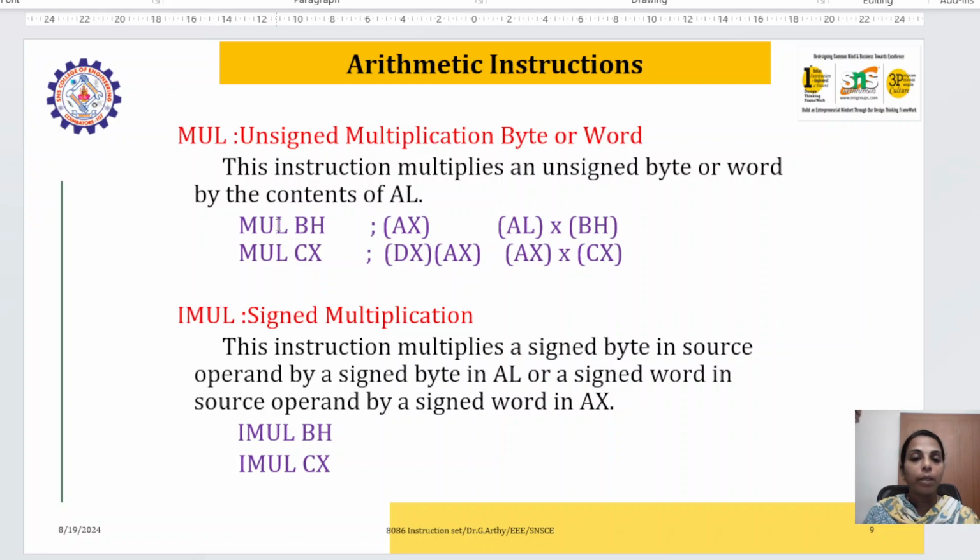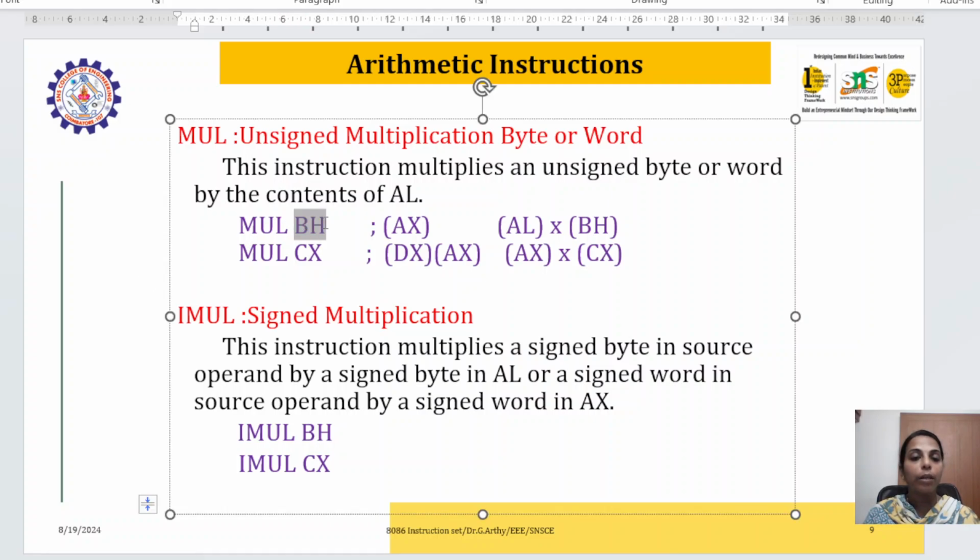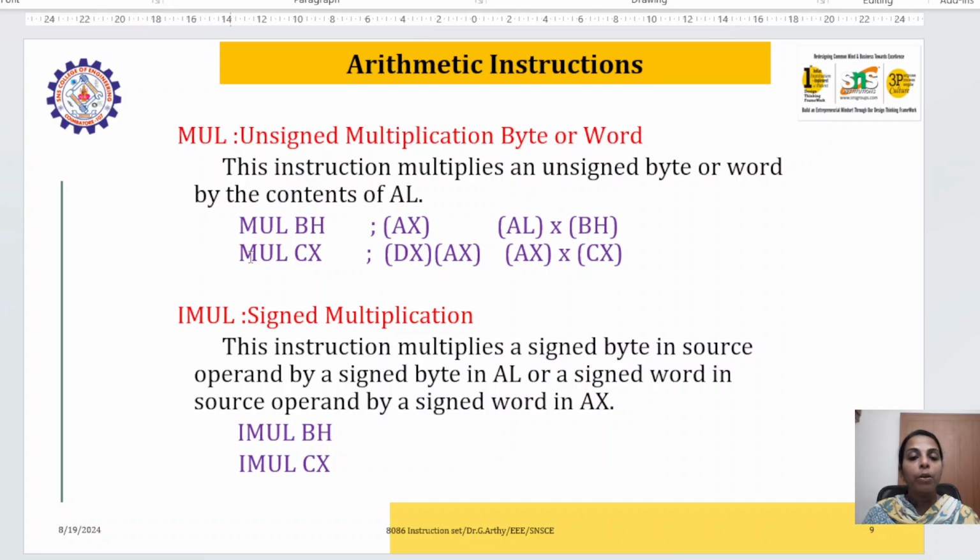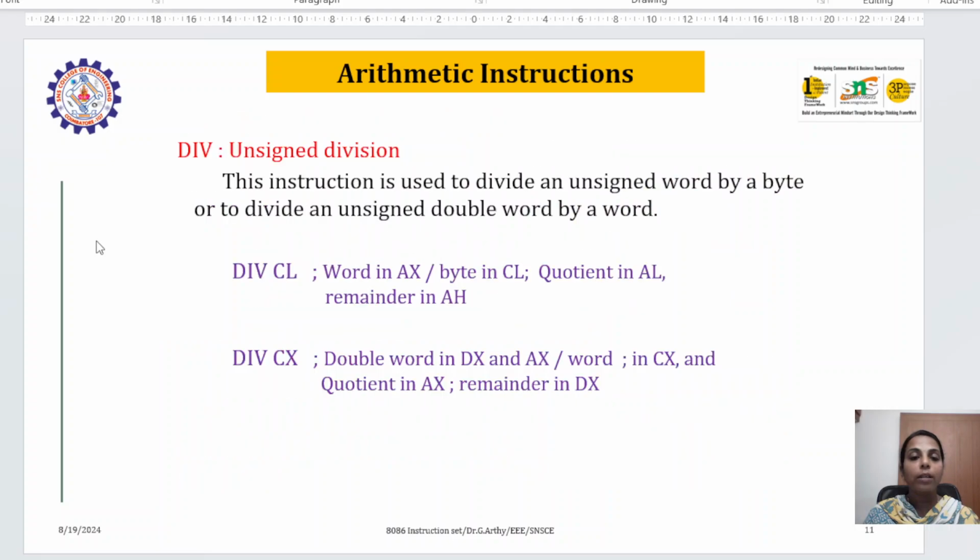Even in multiplication, only BH was given; source and destination were not given separately, because for multiplication and division the accumulator is automatically assumed as the other register, the default register from which the second data has to be taken, as well as where the result has to be stored. So multiplication and division follow this principle. Similarly, division also will have CL and CX only.